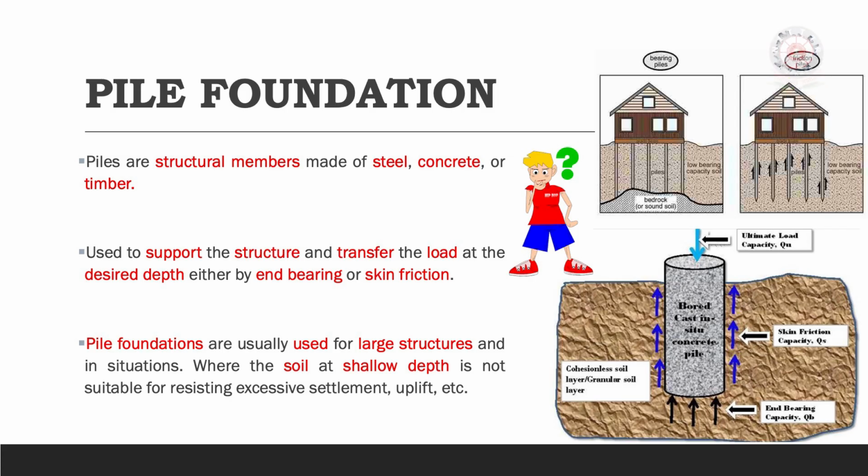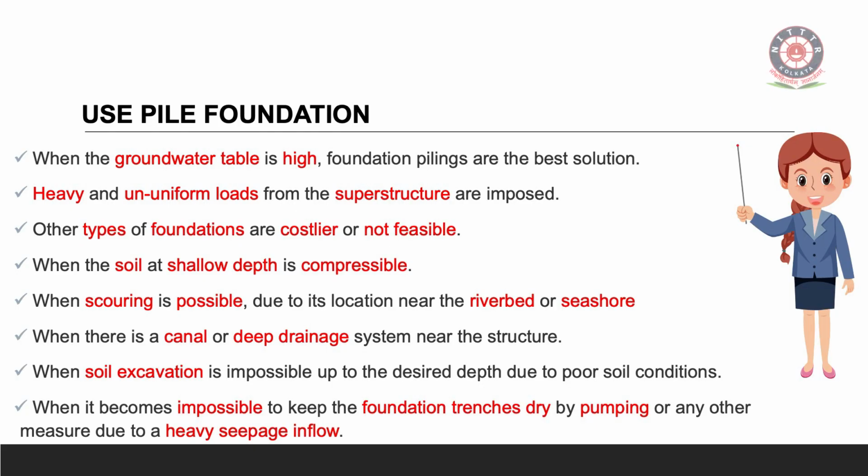Also, piles are usually used for large structures in situations where the soil at shallow depth is not suitable for resisting excessive settlement, even uplift. So you should understand in which type of situation a pile can be recommended. The first is when the groundwater table is very high.